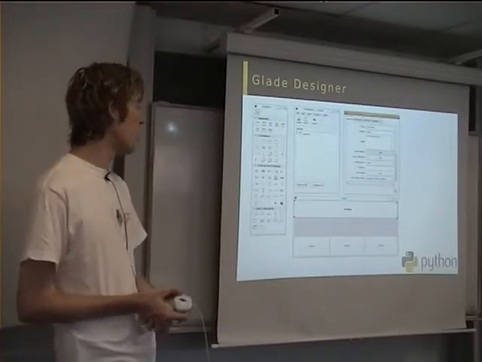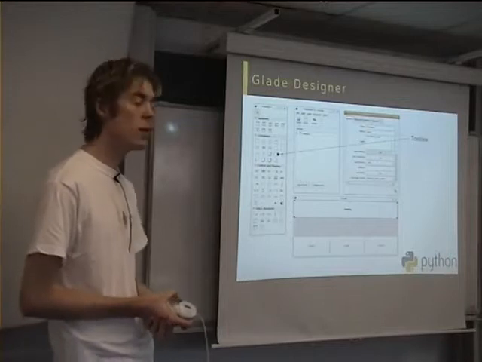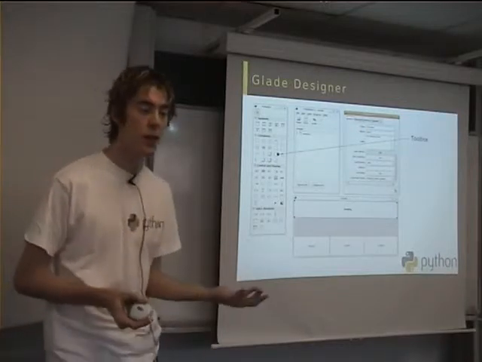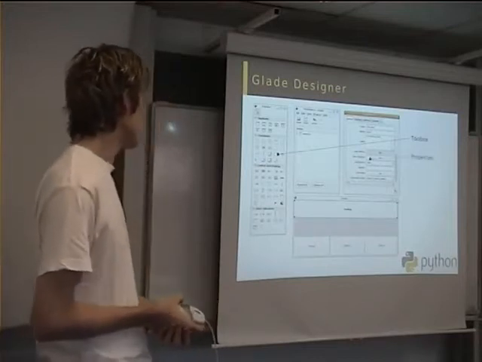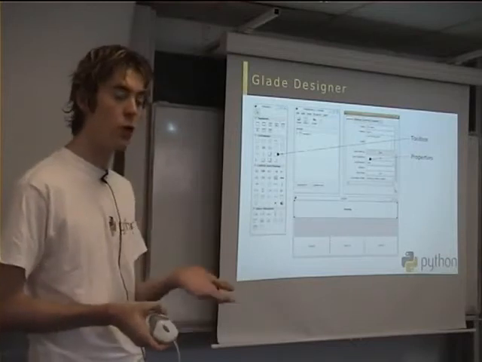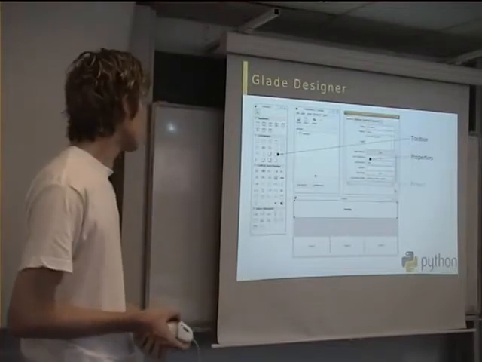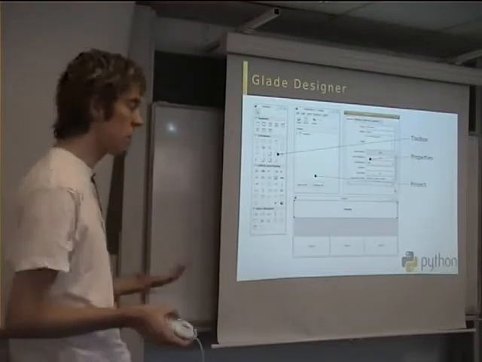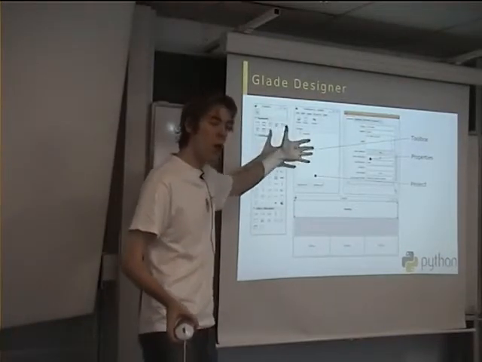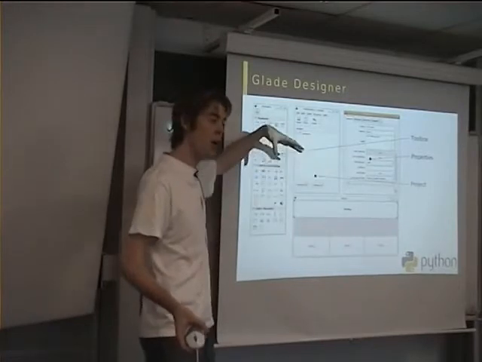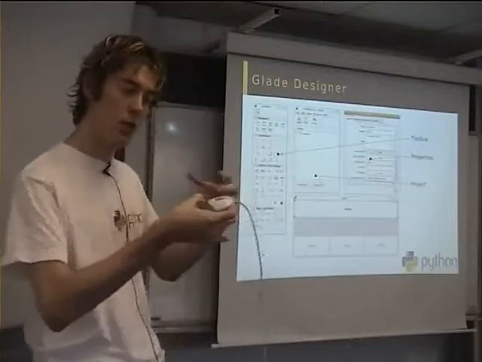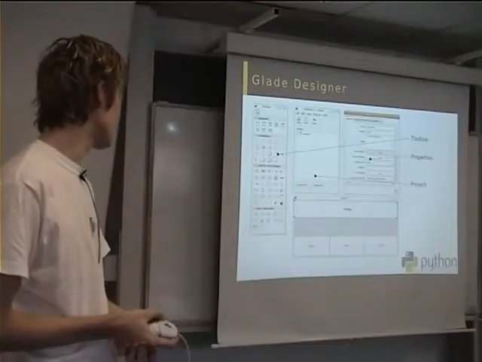But the basic portions you have are the toolbox, which is where you decide what widget you need to place onto a page. Your properties panel, which is where you set up which signals refer to which reference. Your project window, this is good because it has a nice tree structure, which we'll see later, which displays all your widgets on the page in a hierarchical structure, so you can see which widgets are sitting inside which, and so on and so forth.